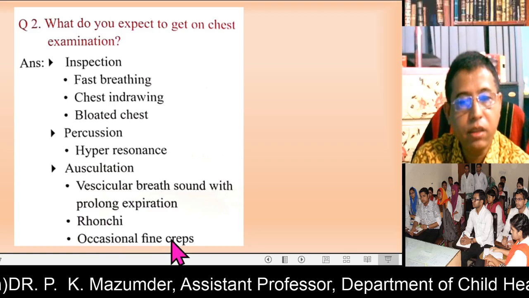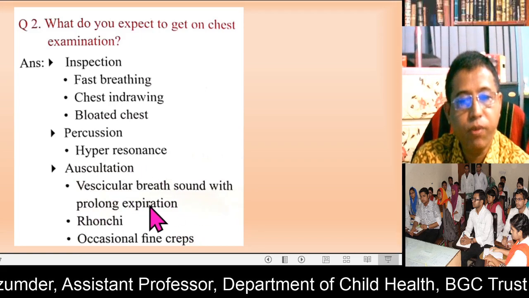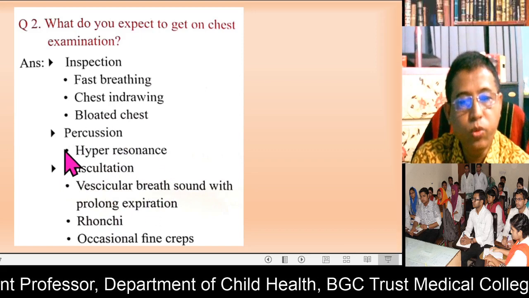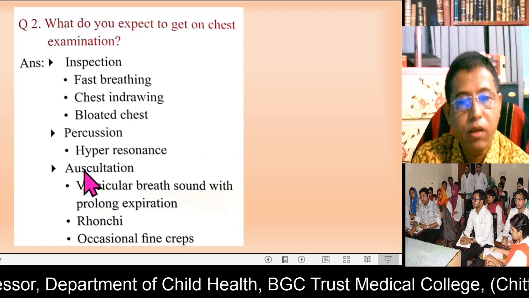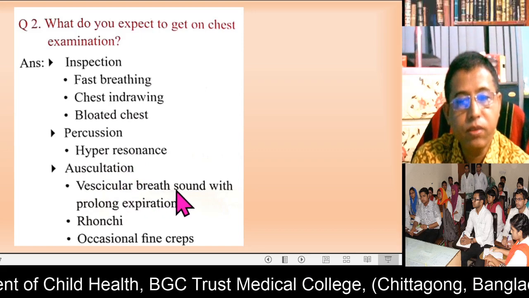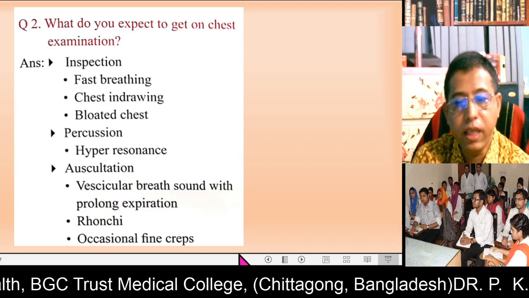Next question asks, what are the other causes producing vesicular breath sound with prolonged expiration? Your answer is bronchial asthma. In children, the two conditions with vesicular sounds with prolonged expiration are bronchiolitis and bronchial asthma.